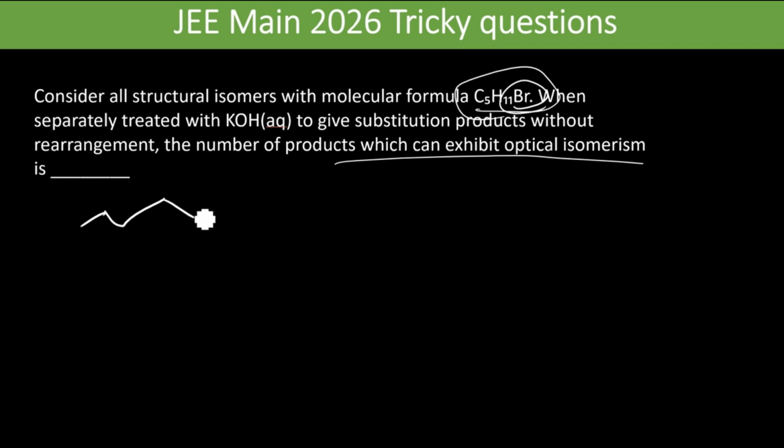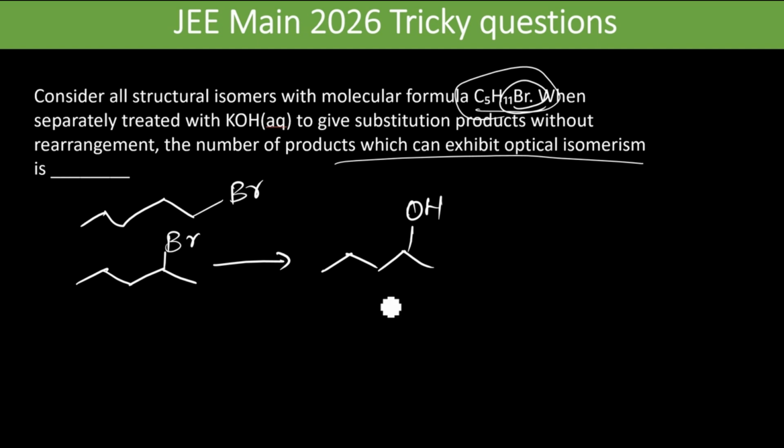Obviously it is not a chiral one, right? CH2OH will form. Then 2-bromopentane can form a chiral compound, that is 2-pentanol. Then the other possibility would be 3-bromopentane, which will not form a chiral one. It's an achiral one, right?